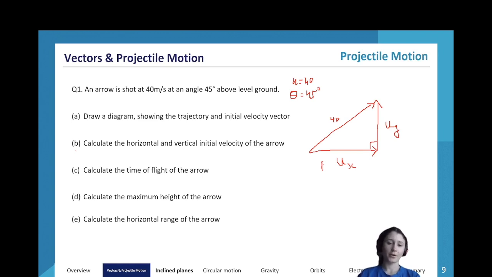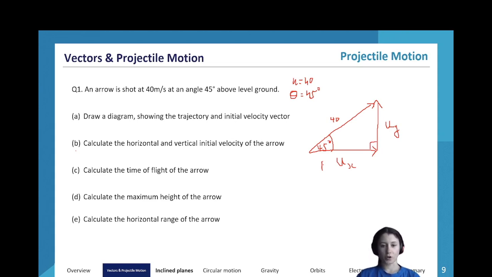The other thing that we know is the angle at which the arrow was shot, which was 45 degrees. So, whenever a question asks you to find the vertical and horizontal components of the initial velocity, what you need to do is draw the initial velocity along with the vertical and horizontal components, labeled uy and ux respectively, with the initial starting angle. From here, we can use the sine, cos, and tan ratios to figure out the ux and uy values.